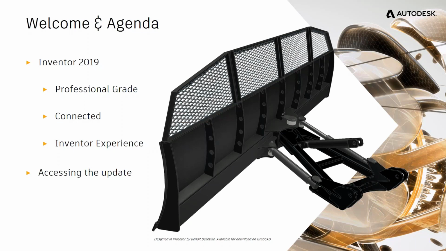So we'll be gathering the new features, functionality, enhancements, workflows, and categorizing them into those three critical areas. Towards the end of the presentation, we'll then be talking a little bit about how you can access the updates and how you can contribute also towards the development of future releases of Inventor.